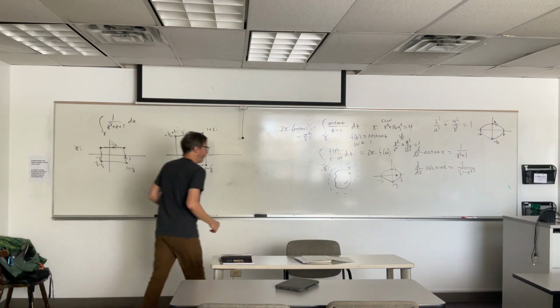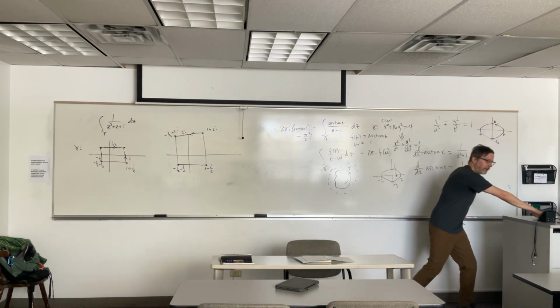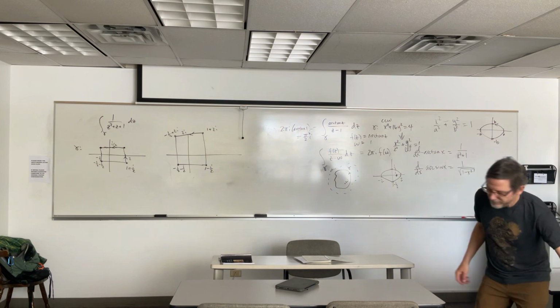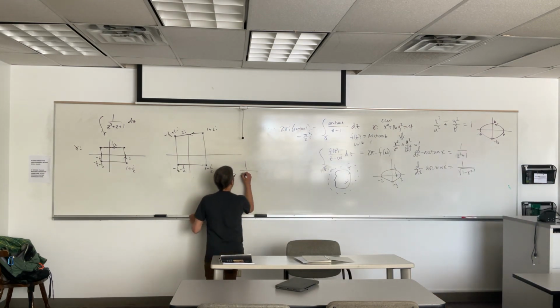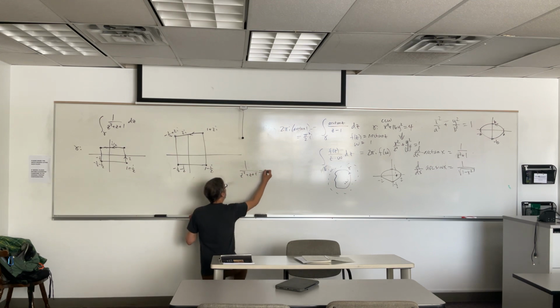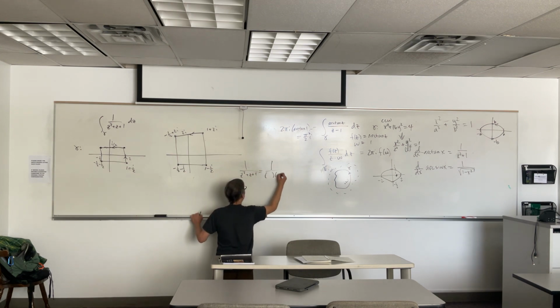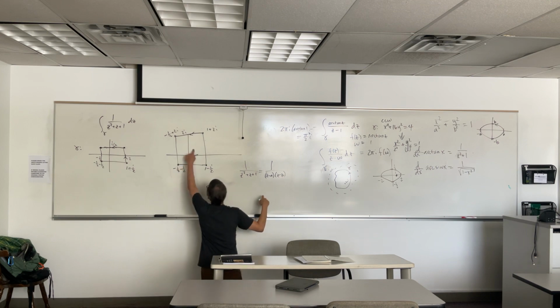So here's what I would recommend trying. I want to take 1 over z squared plus z plus 1 and write it as a factored thing, right? So z minus a, z minus b. If a or b is inside here, that's going to be the bottom part.